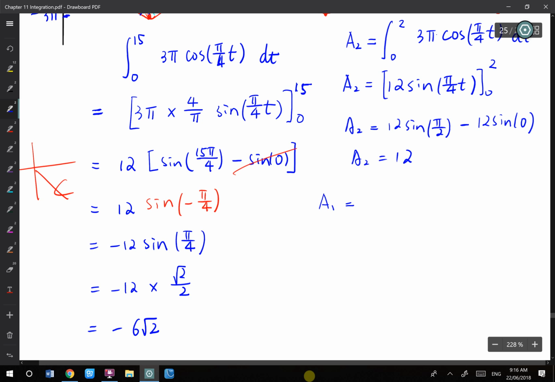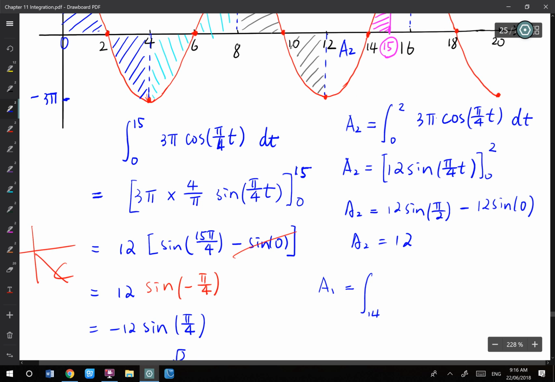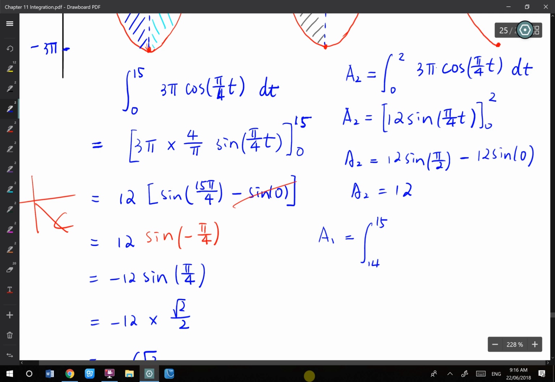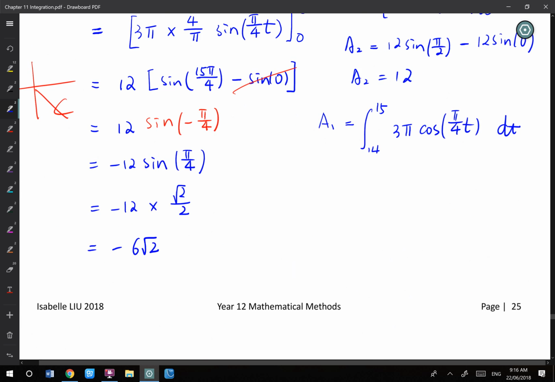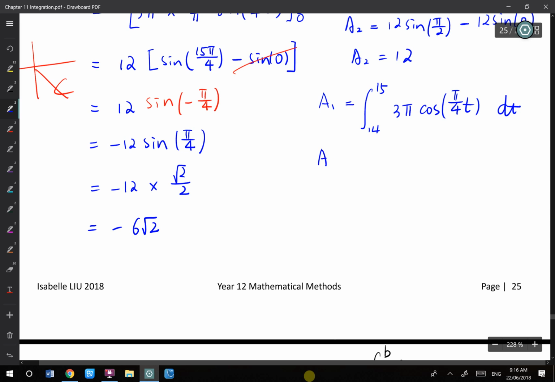So A1 equals what? A1 equals the integral from 14 to 15 of this. The pink is the 14 to 15 of this. So A1 equals 12 sine pi over 4 t, between 14 and 15.